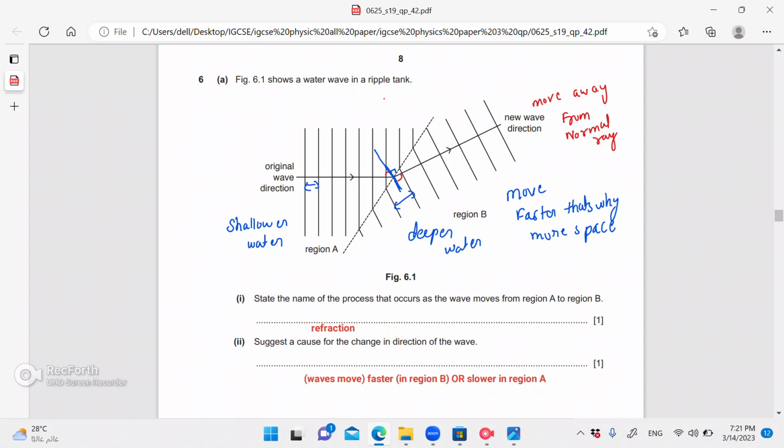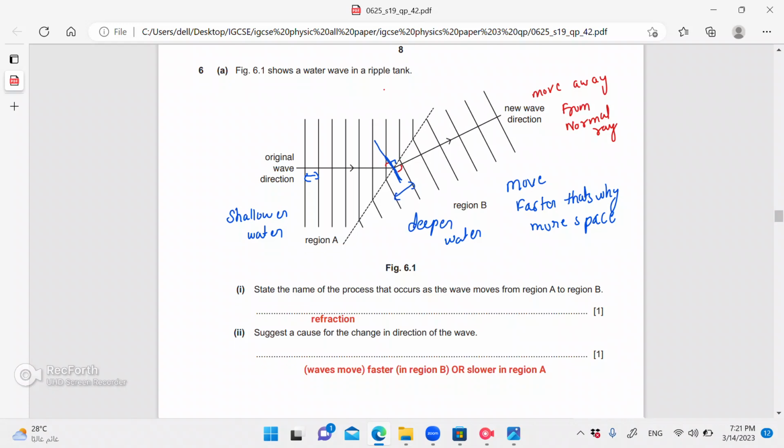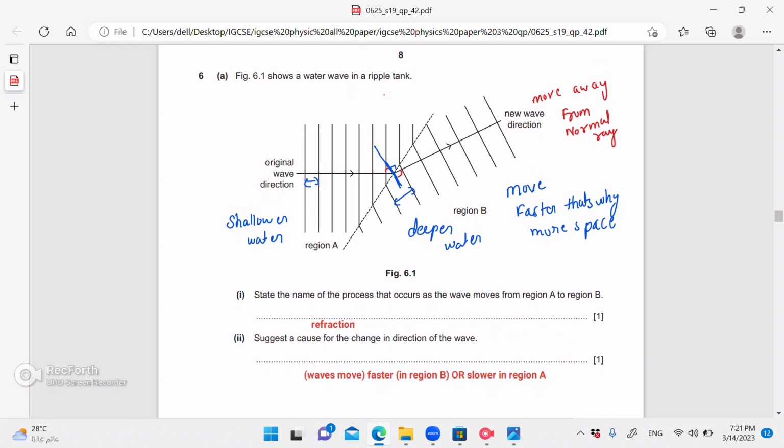Okay, this one. Here they are saying this is region 1, region A, region B. By seeing the diagram, you can easily understand it moved from shallow to deeper. By looking at the wave, see the distance between two waves. When it moves to region A, the distance between two waves increases.